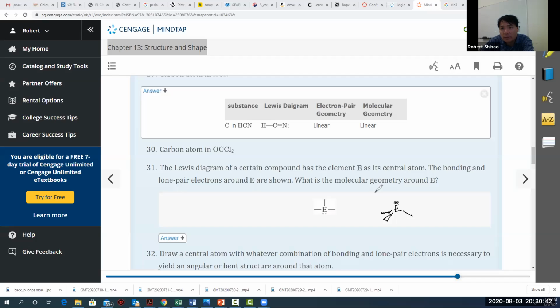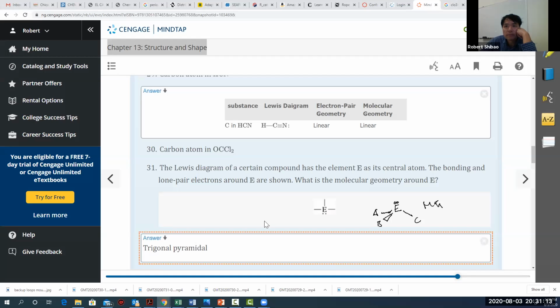When we look at the molecular geometry, we're looking at the bonded atoms A, B, C. The lone pair doesn't count. And so the molecular geometry here is going to be what? It should be trigonal pyramidal. That's correct. That's good. Trigonal pyramidal.